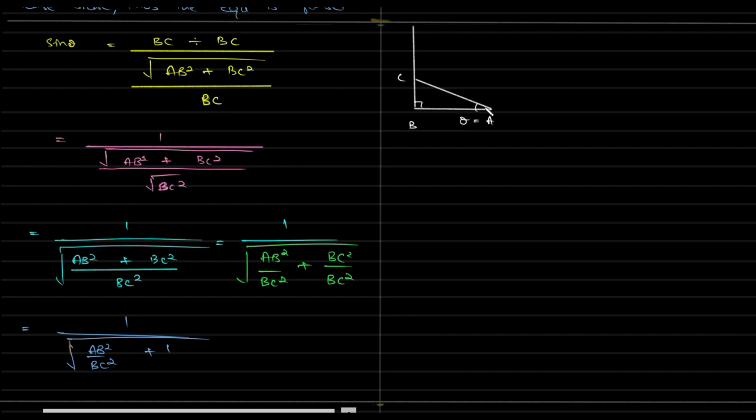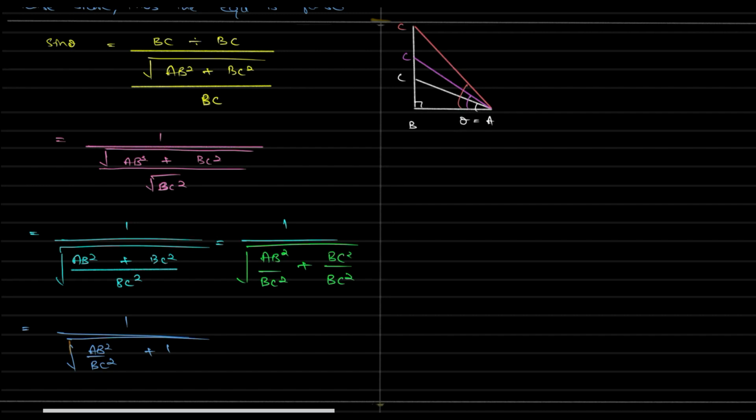So once we increase theta, what happens? See, AB is not changing. BC is changing. Is it not? BC changes. As we are increasing the angle, the length of BC changes, not AB.